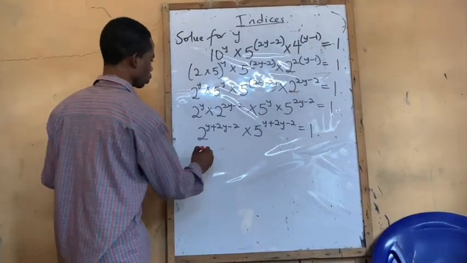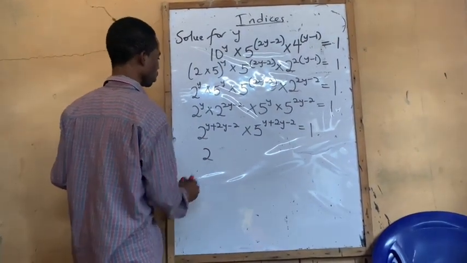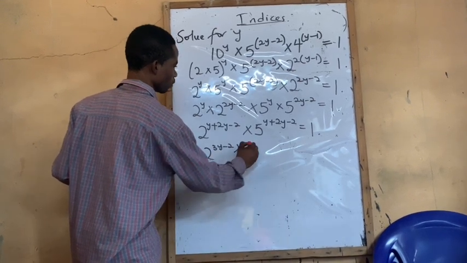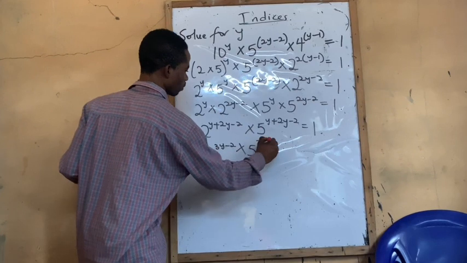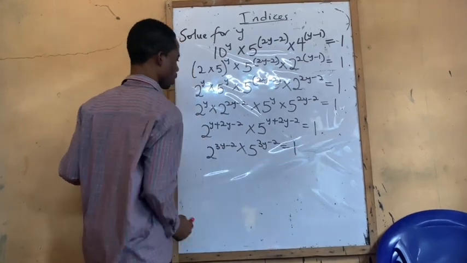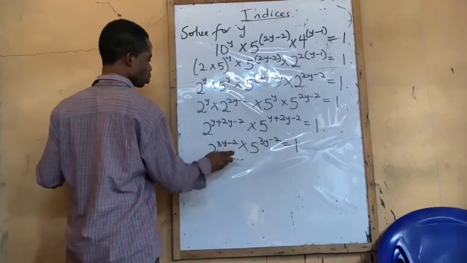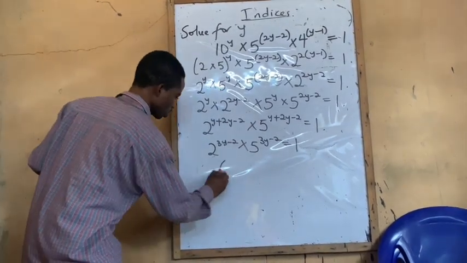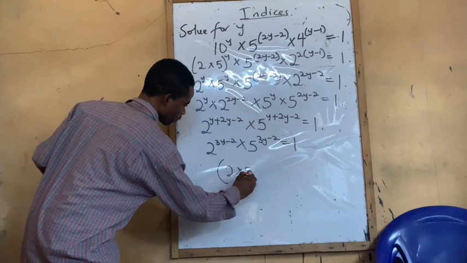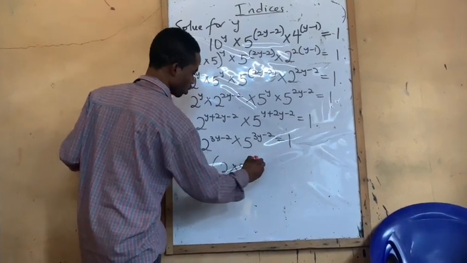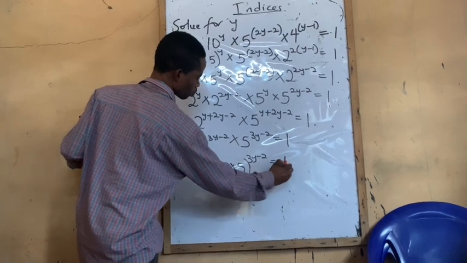So that means 3y minus 2 times 3y minus 2 equals 1. As you can see, the powers are the same. So what you do is that you multiply the bases, you pick one out of the powers that are the same. That means it will become 2 times 5 raised to 3y minus 2 equals 1.